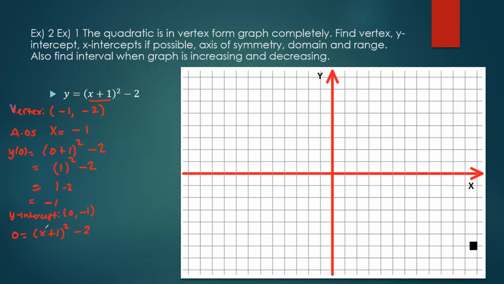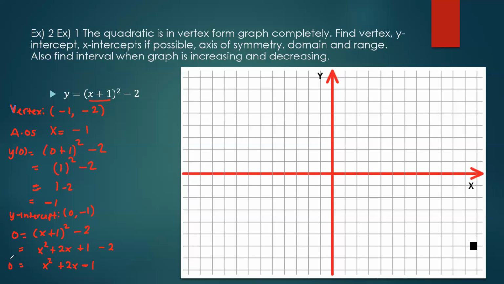We're going to FOIL this out because we have to put it in standard form. x plus 1 squared is x squared plus 2ab, so 2x, plus b squared, which is 1 squared, which is 1, and then minus 2. That gives x squared plus 2x, and 1 minus 2 is -1.